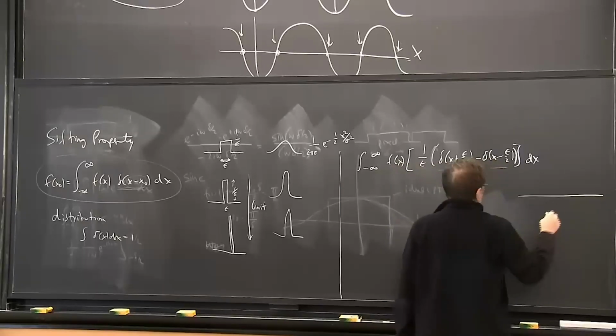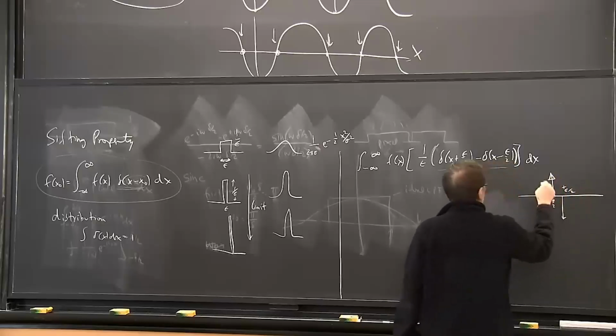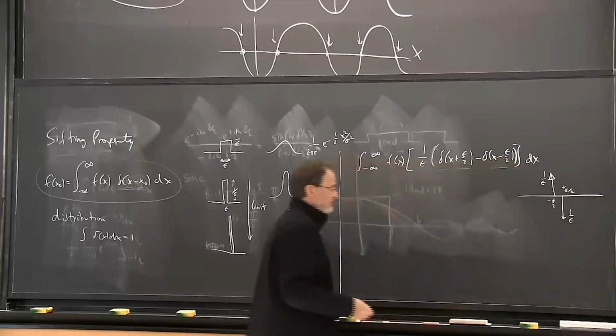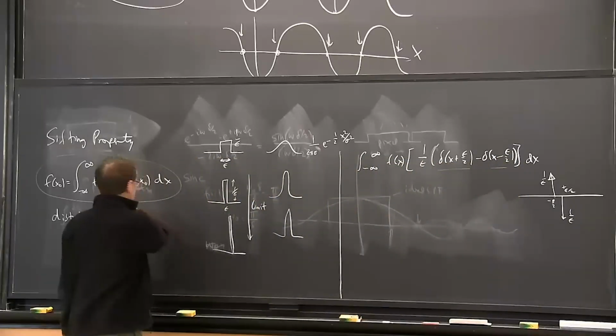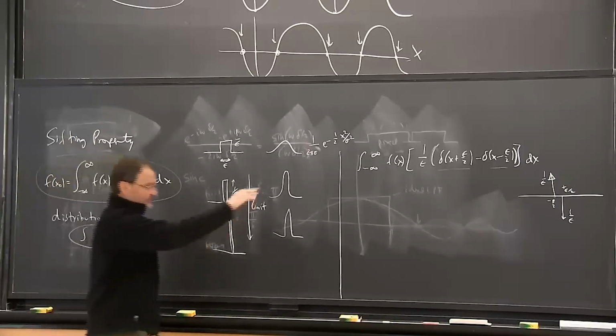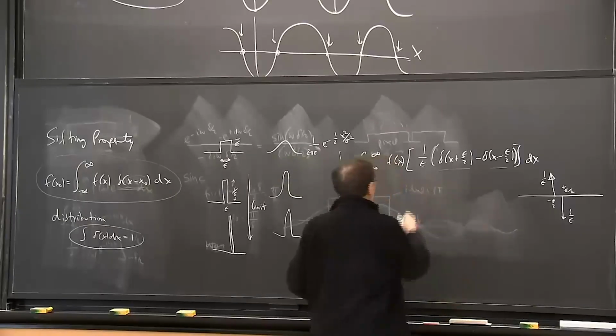One of them is at minus epsilon over 2, and the other one is at plus epsilon over 2. And their magnitude is 1 over epsilon, where the magnitude is the area under the impulse. It's what we get when we integrate it. So that's the unit impulse, and then we have impulses of different areas here. So that's what that corresponds to.